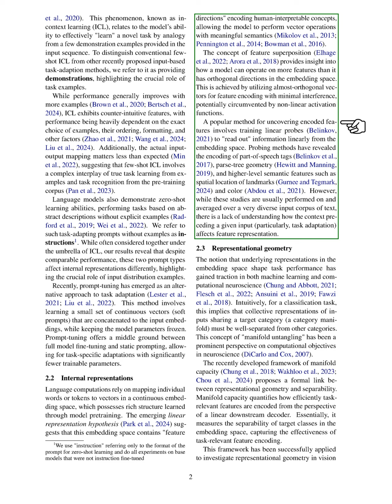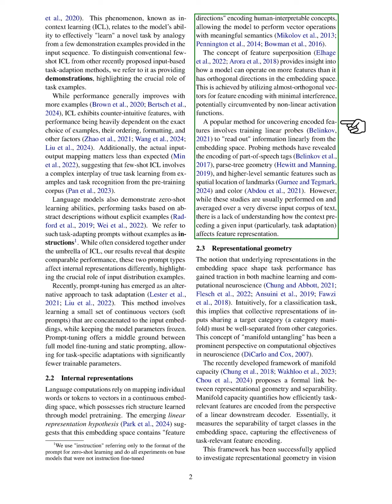The idea of feature superposition explains how a model can handle more features than there are distinct directions in the embedding space by using nearly orthogonal vectors for feature encoding. To uncover these encoded features, we can train linear probes to extract information from the embedding space. Previous studies have shown that these features can represent part of speech tags, parse tree structures, and higher-level semantic attributes.